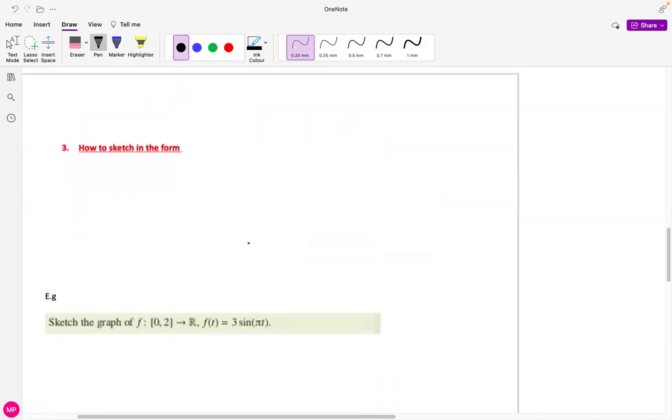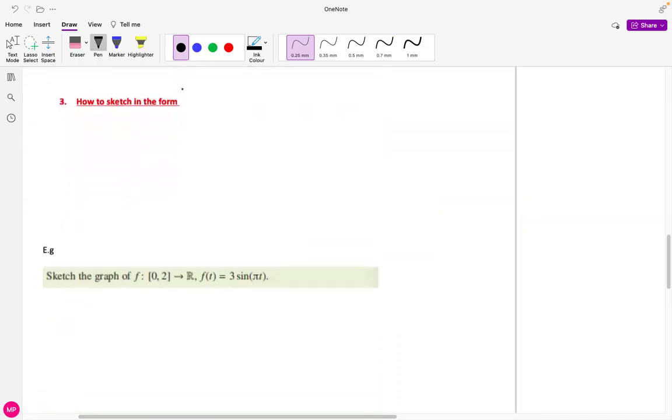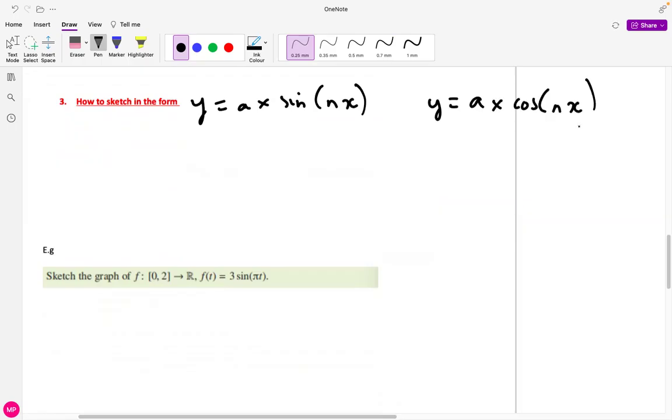All right. Now we're going to learn sketching sine and cos graphs in the more basic form, which is y equals a times sine of nx, or y equals a times cos of nx. For the translation vertically or horizontally, we learn that in the next lesson, if you watch that video. All right, so how do you sketch it?